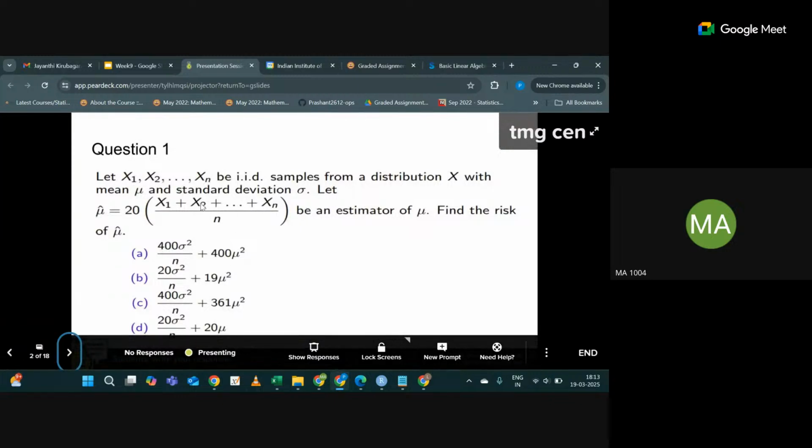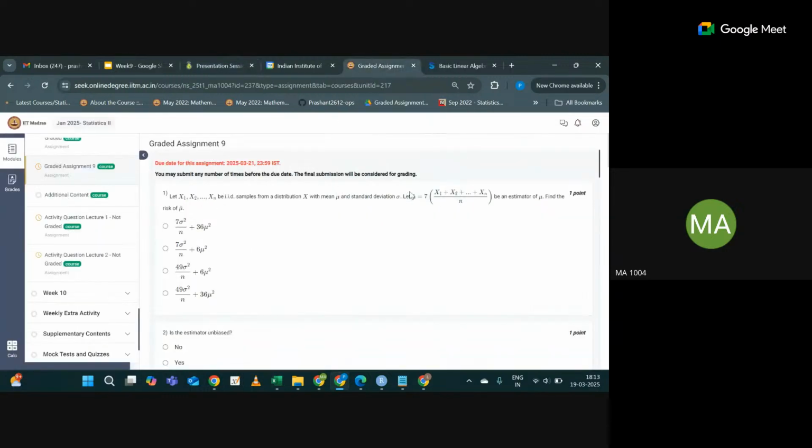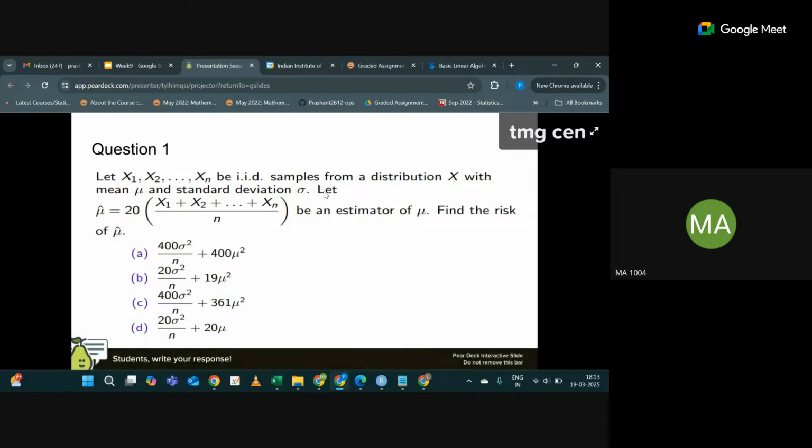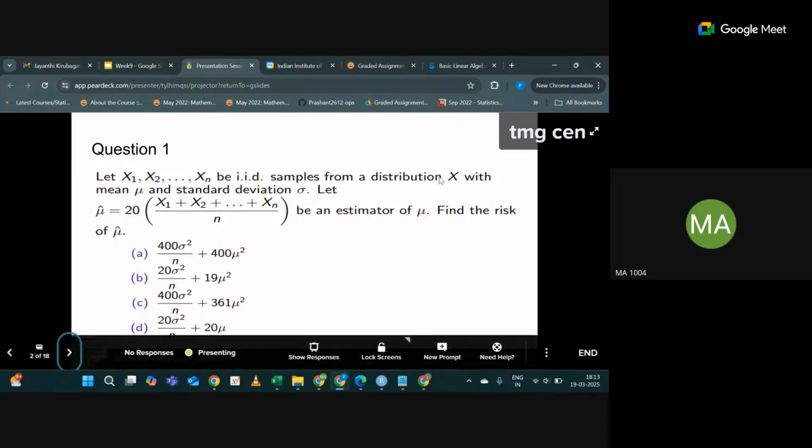So the very first question, there is a very similar question in GA also. So this will give you an idea to solve the questions from GA also. The first question says: let X1, X2, ..., Xn be IID samples from a distribution X, with mean mu and standard deviation sigma.